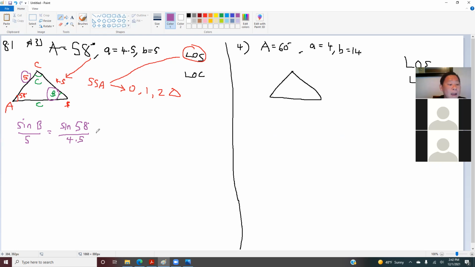We multiply the 5 over here so that this 5 is gone. Once you use your calculator to calculate this, don't forget to do the arc sine of it because we need to find angle B. So please take out your calculator, calculate this value first, and then after that, you arc sine your answer.